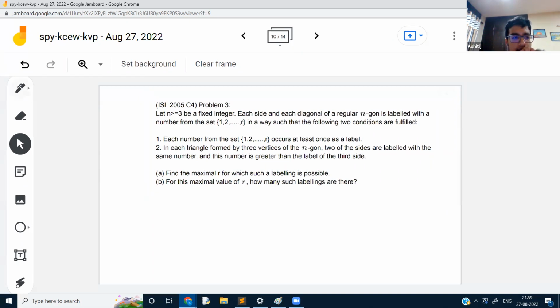Now the property is that if there are 3 nodes, 2 of the labels are the same and one is different, A, let it be B, and A is greater than B, for any 3 nodes. And we have to find the maximal R for which such a labeling is possible, and how many labelings there are for the maximal value of R. Not the total possible number of labels.